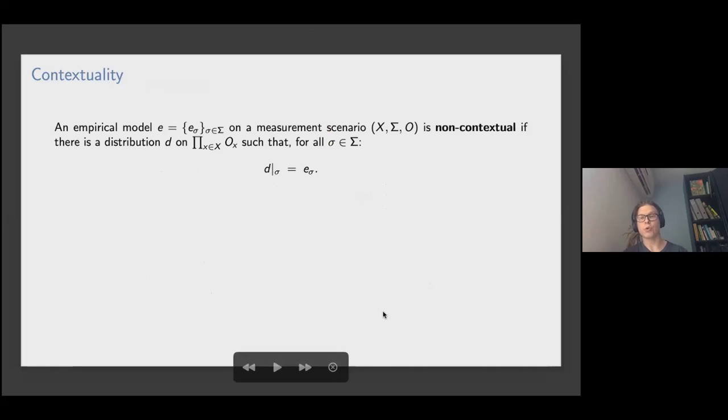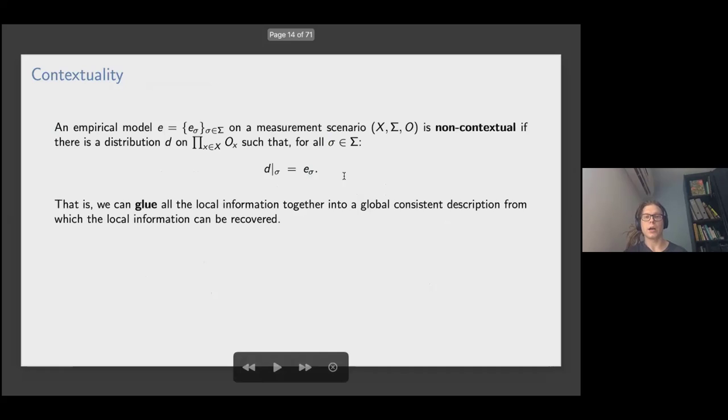And again, in this framework, non-contextuality corresponds to the fact that there is a joint distribution on all measurements at once that explains the marginal distributions we're seeing. And if there isn't such a global distribution, then we'd say that the empirical model is contextual.